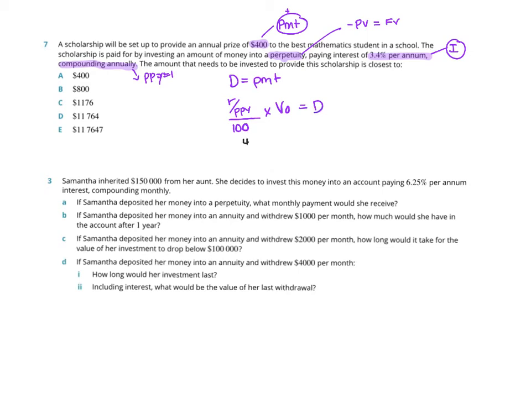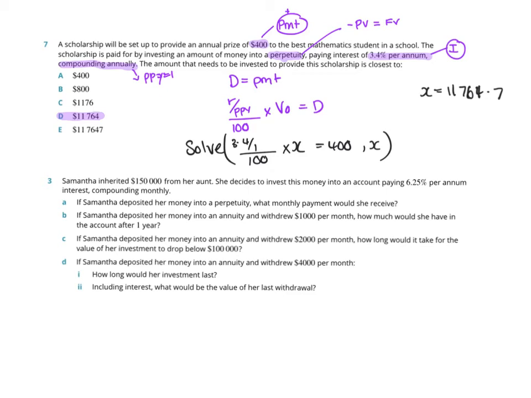So we've got 3.4 over 1 over 100 times X equaled 400. Solve, comma X, and what do we get X to equal? I've got 11,764. Actually I got 0.7, but it's saying closest to, so I'm happy to say that one.